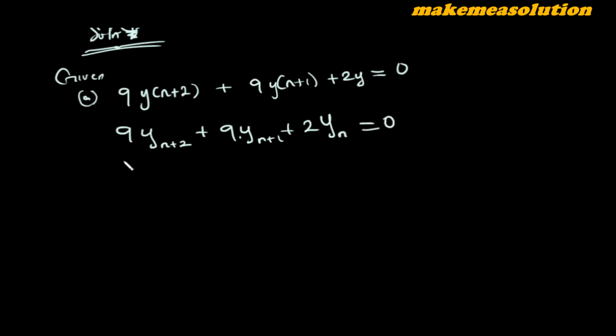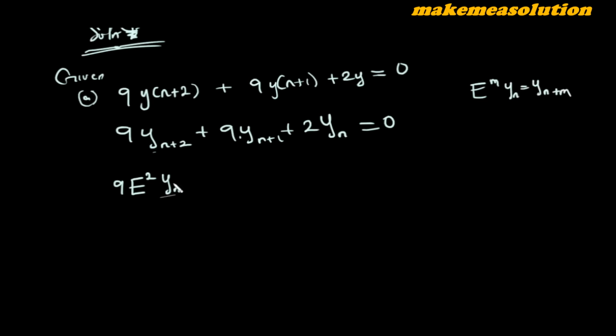I'm now going to apply the shift operator here. This becomes 9E^2 y_n, just like we said. You're kind of tracing your steps back. Remember that E^m of y_n is y_{n+m}.